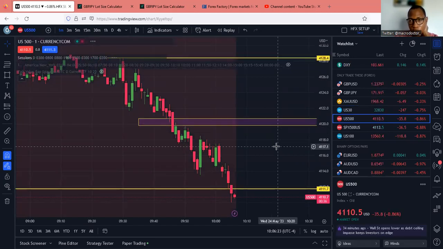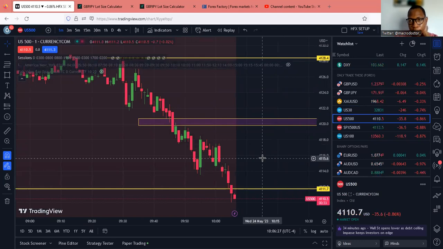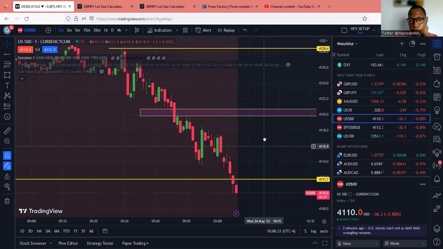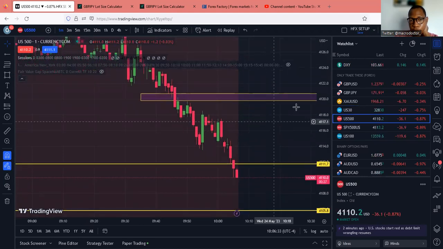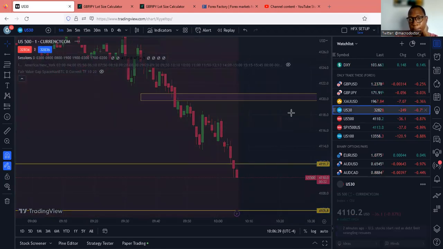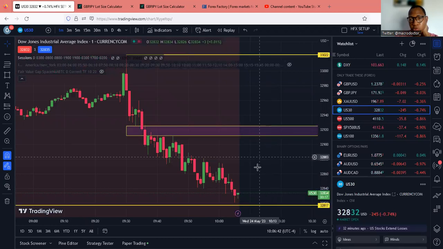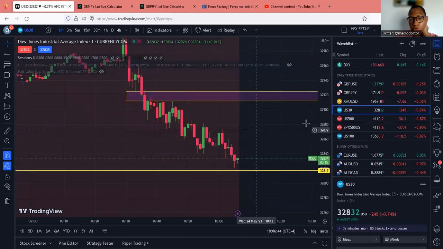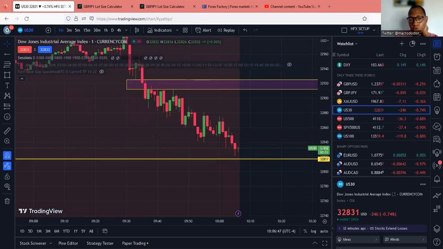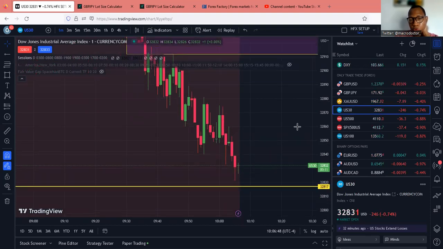We're still moving lower. So let's see what price does.